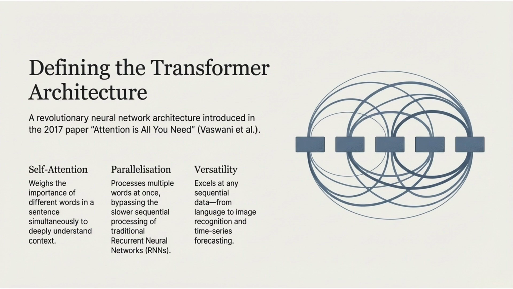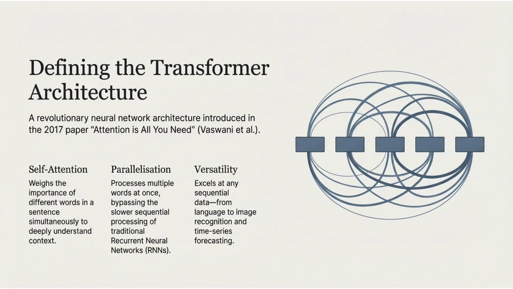The transformer architecture is the revolutionary neural network design introduced in the 2017 research paper Attention Is All You Need. One of its key features is self-attention, which allows the model to evaluate the importance of different words in a sentence at the same time.